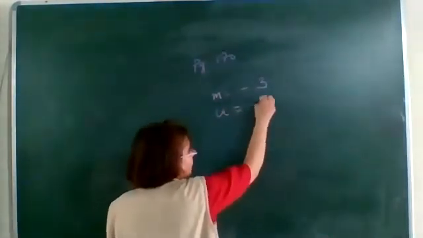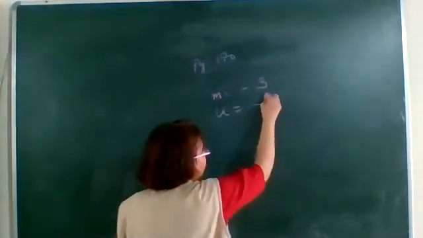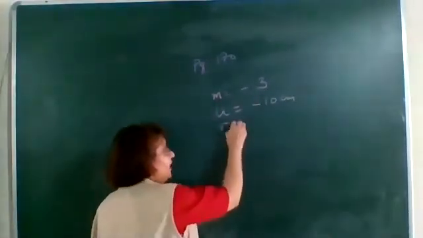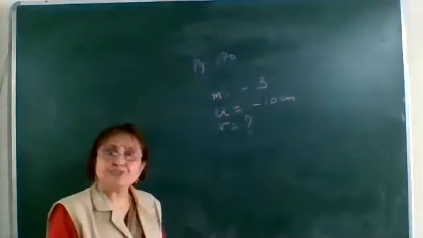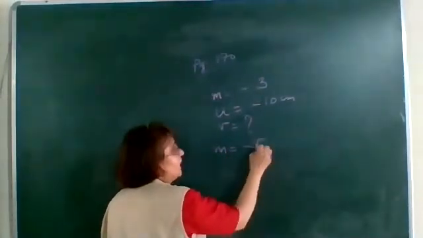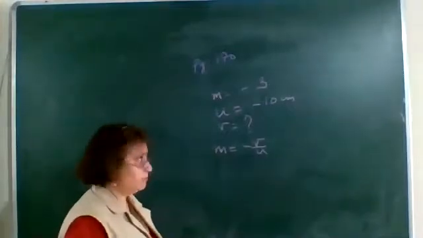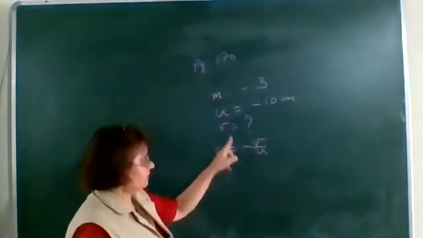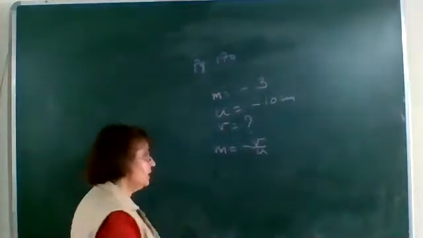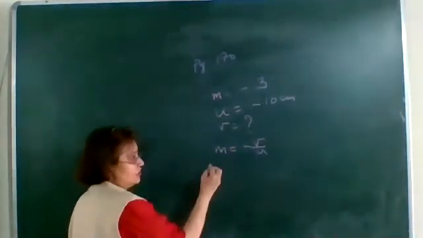Object is placed at 10 centimeter. Object distance is always negative, -10 centimeter. Now here you have to find out the image distance. Which formula can you use? Magnification is equal to -v/u, because u is given, m is given, we have to find out v. This is the formula which relates all three. So here put the values.